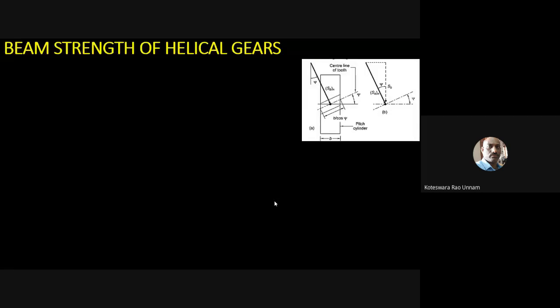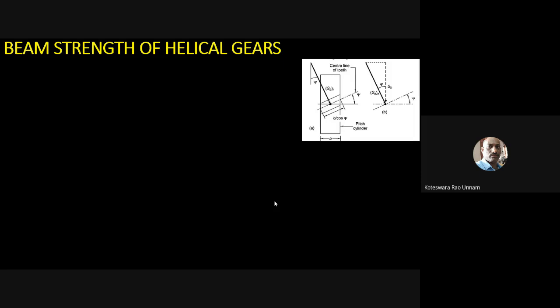So yesterday's class we discussed helical gears and we have seen how we can convert a helical gear into an equivalent spur gear. We'll call it a virtual spur gear or formative spur gear. We already discussed what parameters we need to consider to calculate the beam strength of a spur gear.